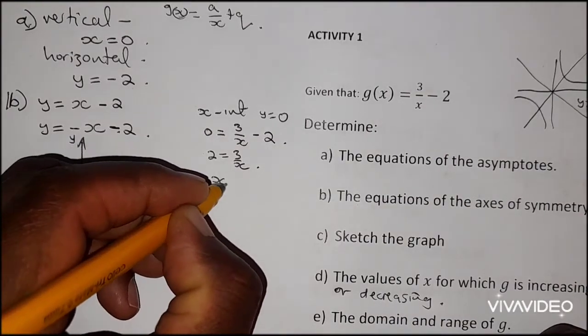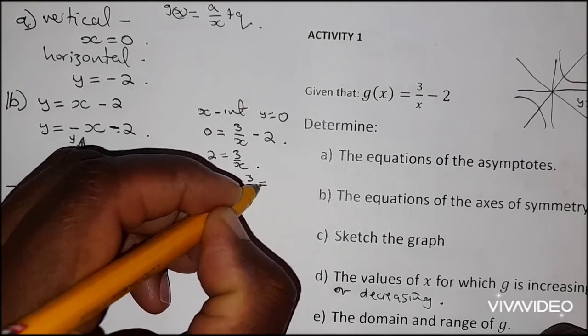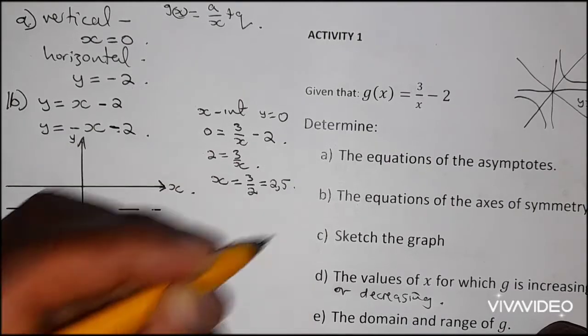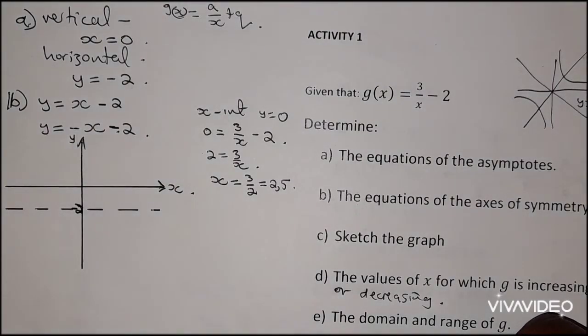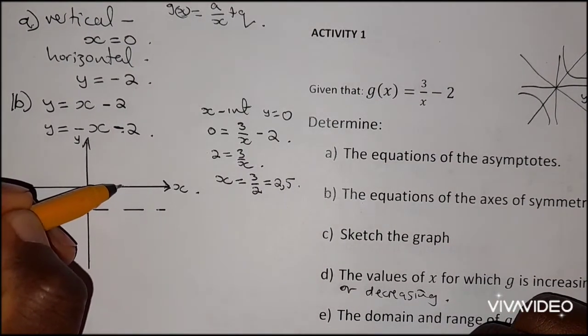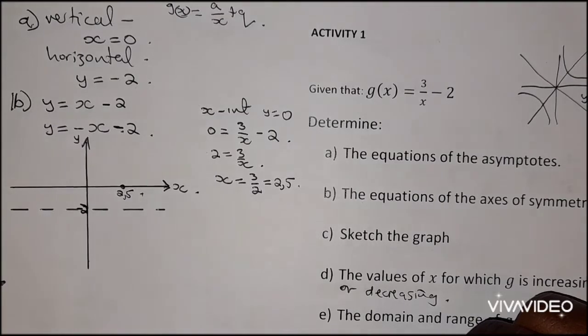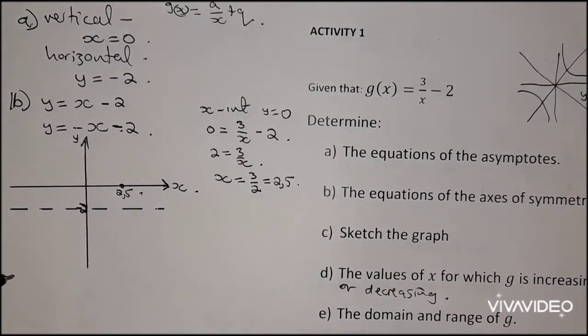We have x is equal to 3 over 2, which is equal to 2,5. So we are saying here our function cuts the x-axis at 2,5. So it is somewhere here. This is where we have the point (2,5; 0).